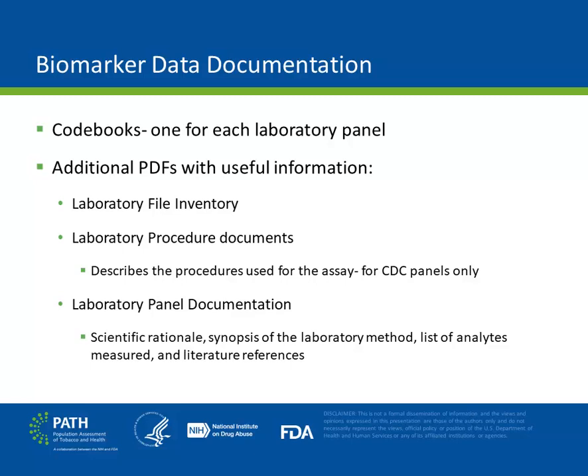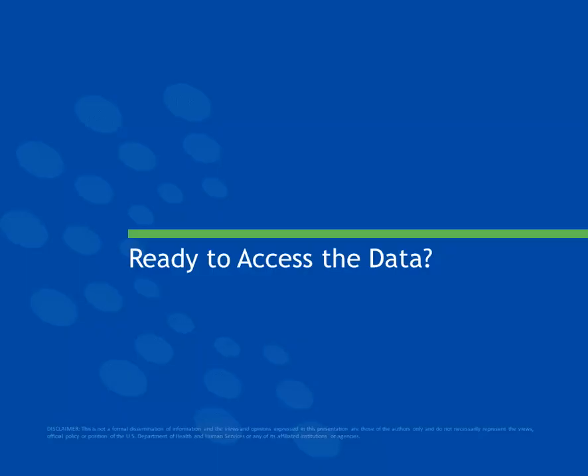Laboratory procedure documents describe the detailed procedures used for each CDC-led assay. Laboratory panel documentation provides the scientific rationale for measuring a given biomarker, a brief synopsis of the laboratory method used, a list of analytes measured, as well as some literature references.